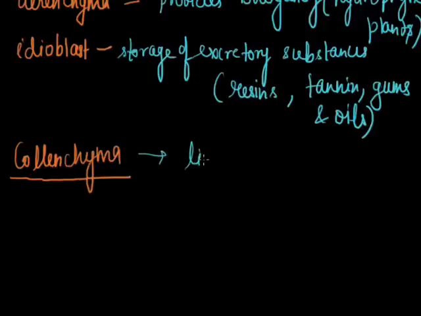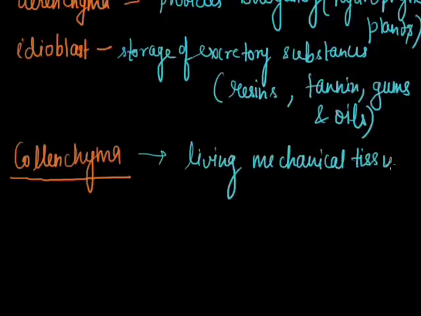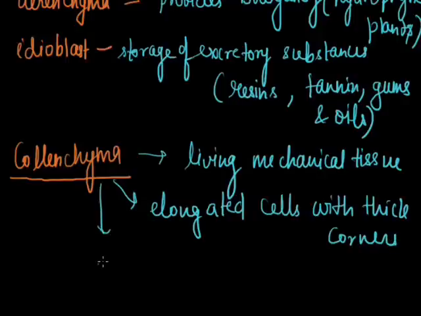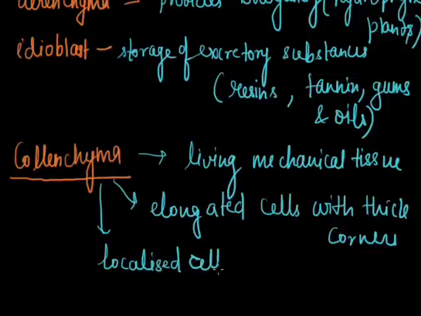This is a living mechanical tissue. And these are elongated cells with thick corners. Here there is localized cellulose and pectin thickening.